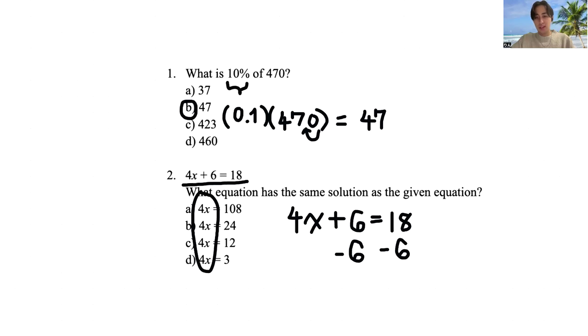So plus 6 and negative 6 cancel out. And then 18 minus 6, you're left with 12. So that means you bring down the 4x. So 4x equals 12. Your answer is C. 4x equals 12. Okay, so let's go on to the next questions.